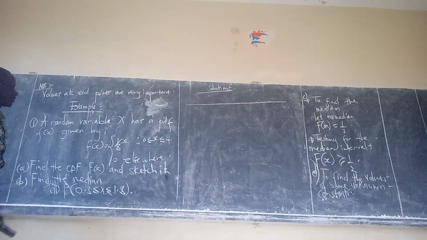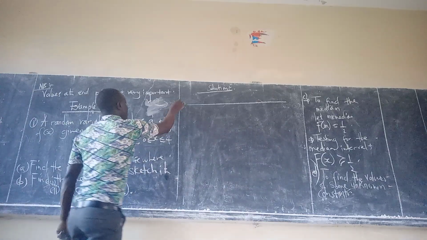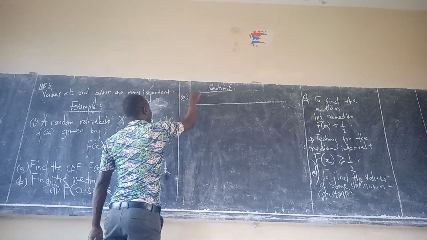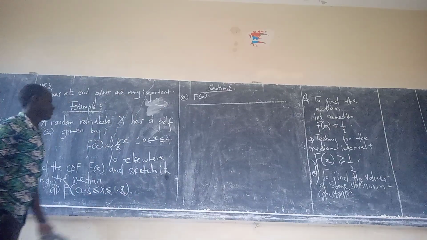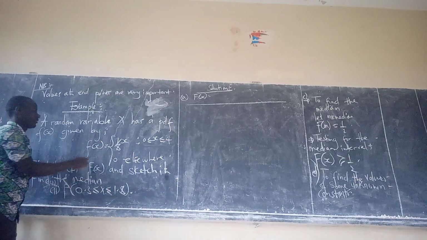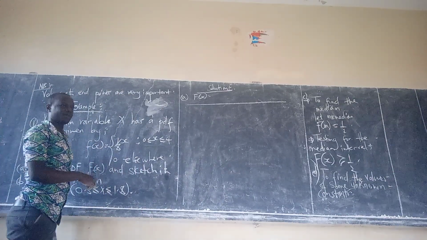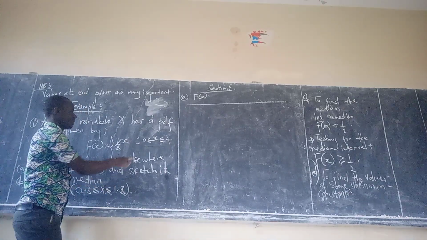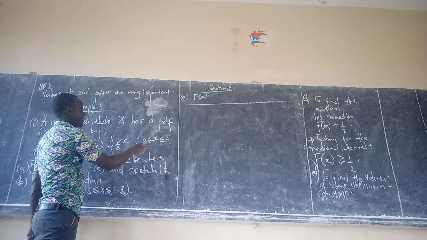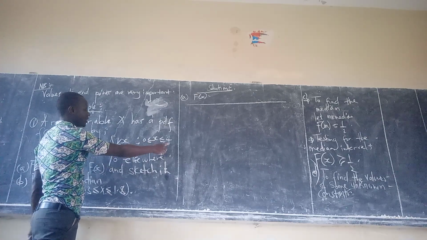After drawing that straight horizontal line, we are on part A of finding the CDF capital F of x. You go to the PDF and you pick all the values on the intervals that are given. We have only one interval and it has a 0 and a 4.